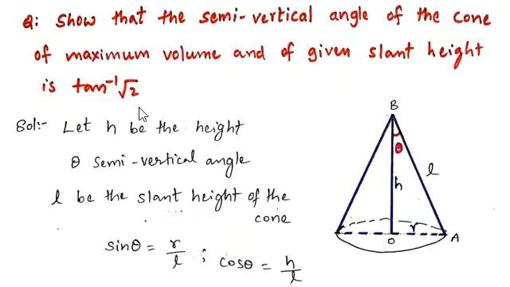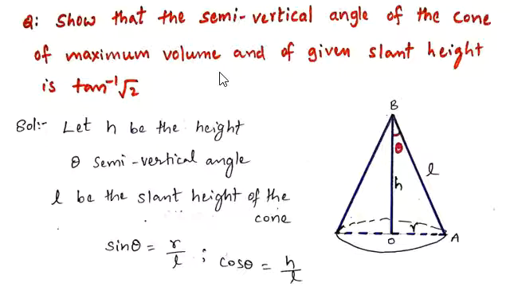So here to show this, we first have to write the volume, differentiate that volume, and equate it to 0. Why? Because the volume is given to be maximum. Any quantity to be maximum or minimum, we differentiate and equate to 0, and we find the root.